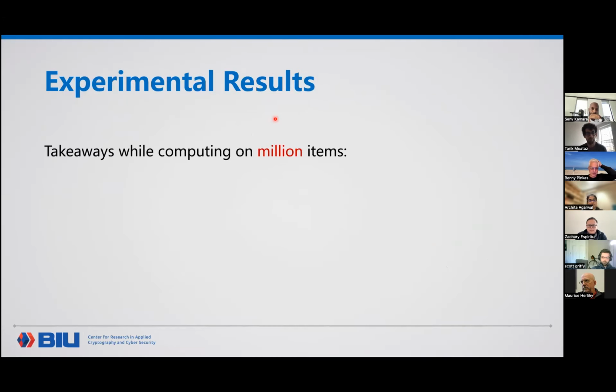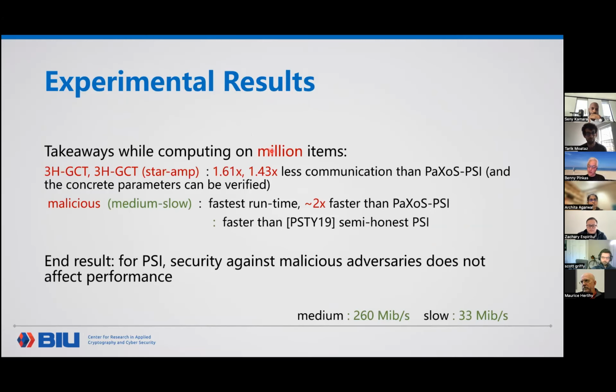When running this on 1 million items, this was faster by a factor of say 1.6 compared to what we had in the previous year. And what's also very interesting here is that we did 2 things in this work. One is we had security against malicious adversaries, and also we had this amplification and this 3-way cuckoo hashing.